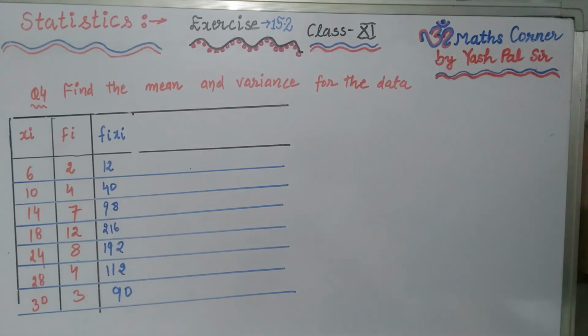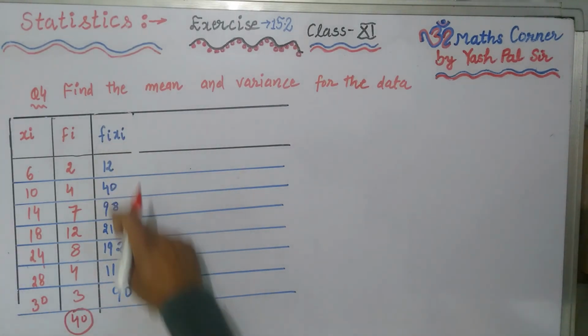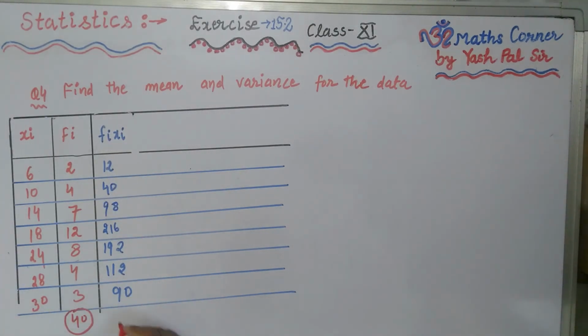Similarly, in this way we obtain the values of the product fi xi. Now what is the sum of fi? 40 is the sum. Similarly, the sum of this column is equal to 760.